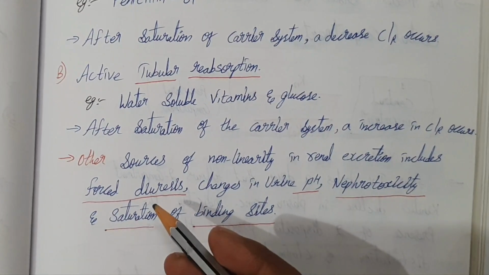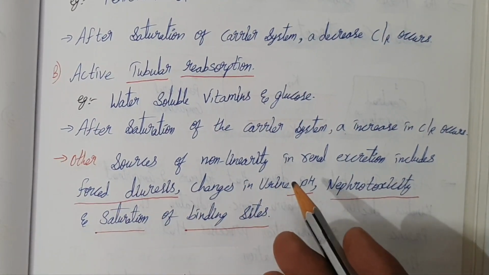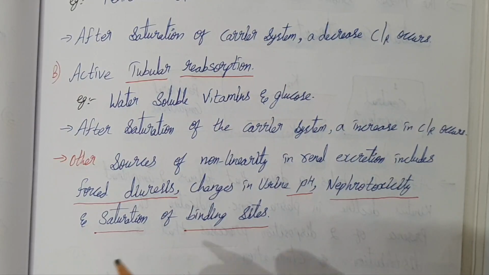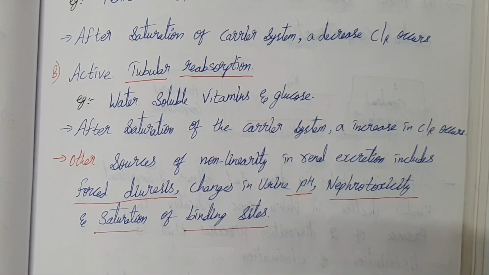Other causes: change in urine pH or nephrotoxicity, forced diuresis, and binding site saturation in the kidney can affect excretion.